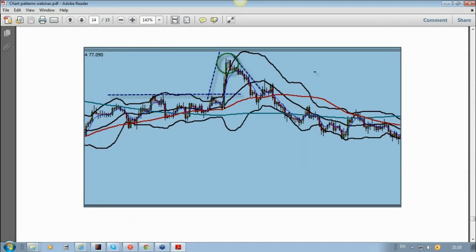This one, Igor? Yeah, it's a flag. But you couldn't trade it because the break took all the profits, right? This one, yes.